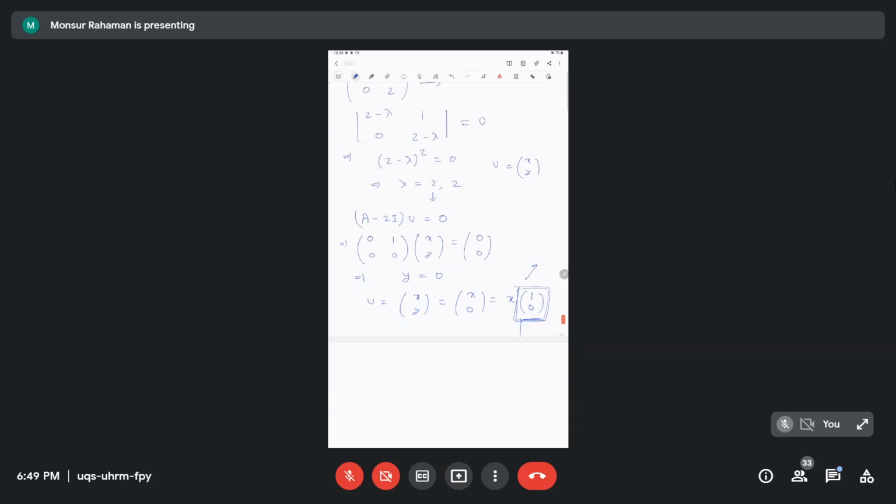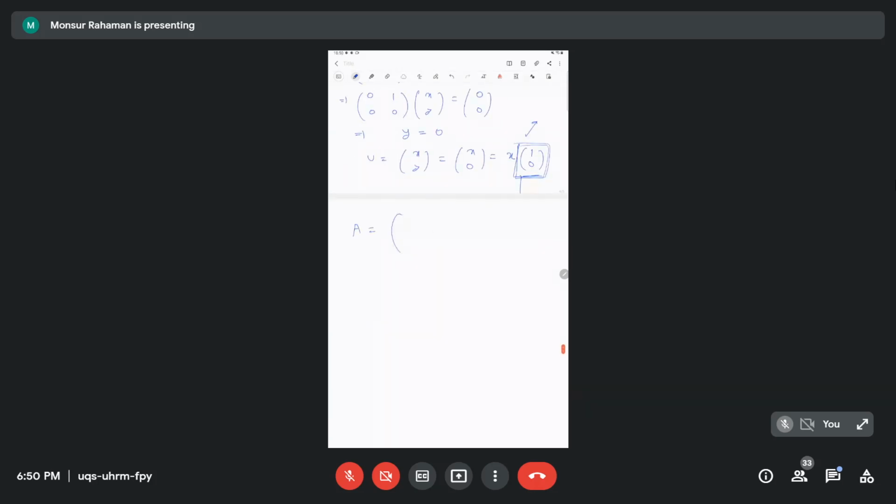But what about the matrix with 2 and 3 on the diagonal? Okay, let's try it.